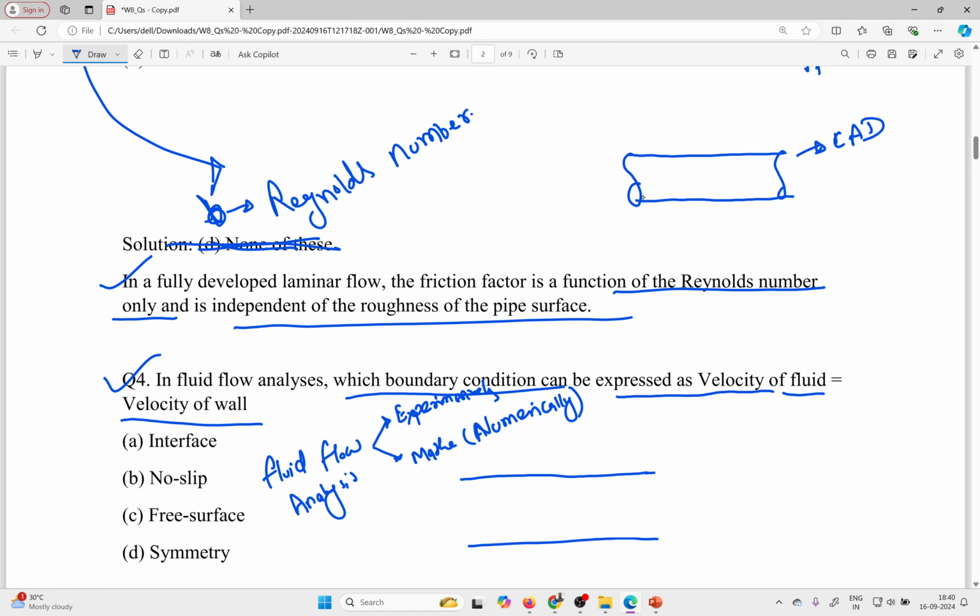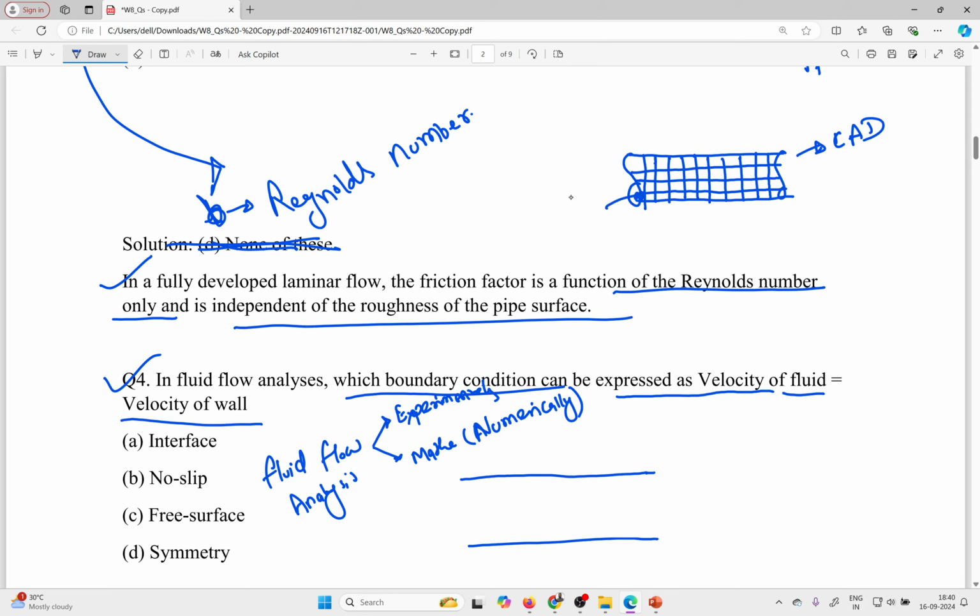Then you will generate the mesh. Mesh may be of different types. Here I am only trying to give you a basic understanding. First of all, you need to give your initial condition and boundary condition for a particular cell.